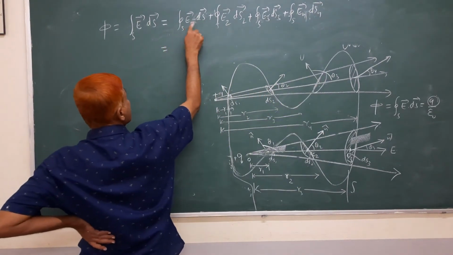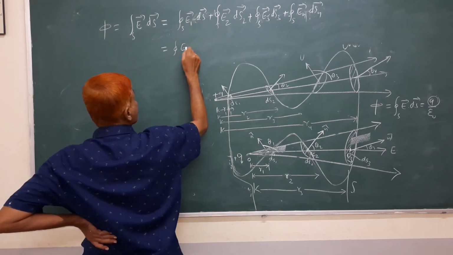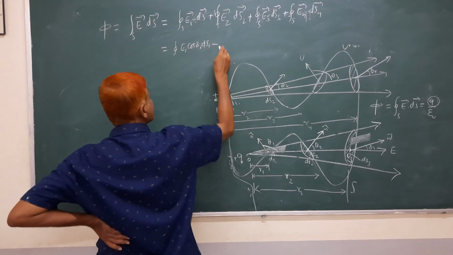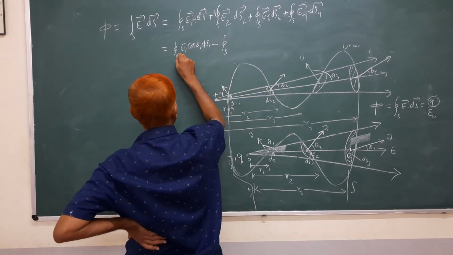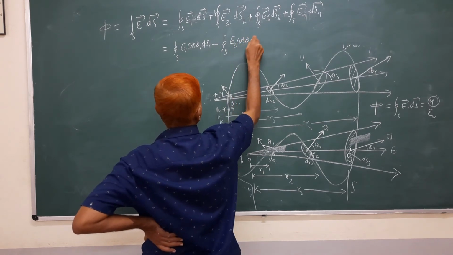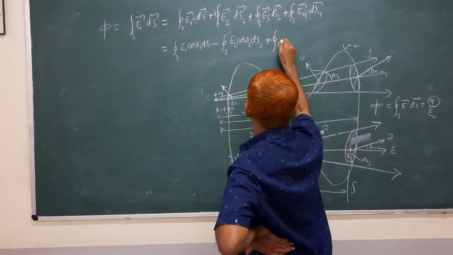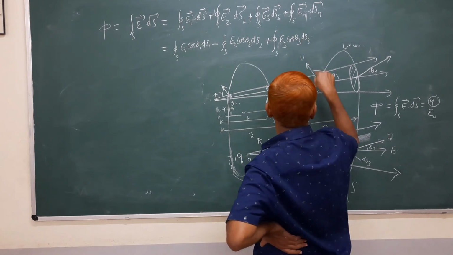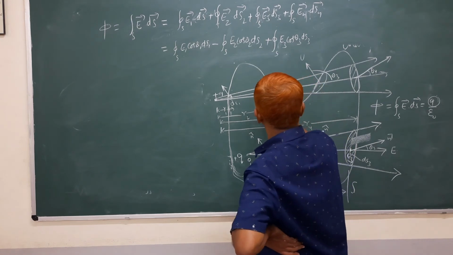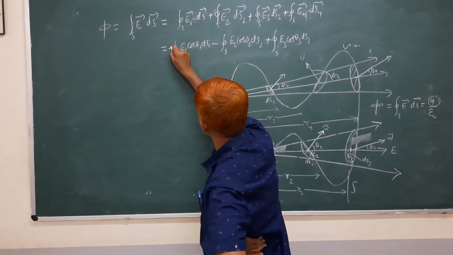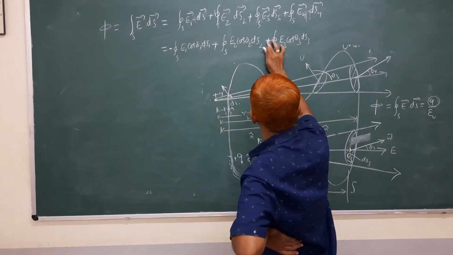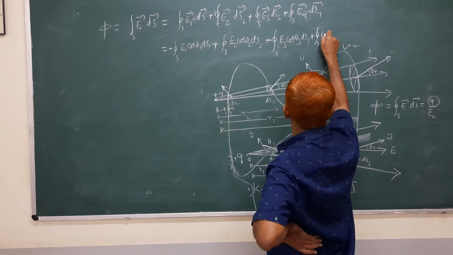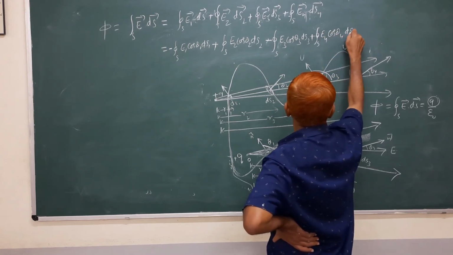If I take the dot product, E1 cos theta 1 ds1 is minus, because entering, then E2 cos theta 2 ds2, plus E3 cos theta 3 ds3 is minus, entering is minus, leaving is plus, again entering is minus, leaving is plus, and the surface integral E4 cos theta 4 ds4.